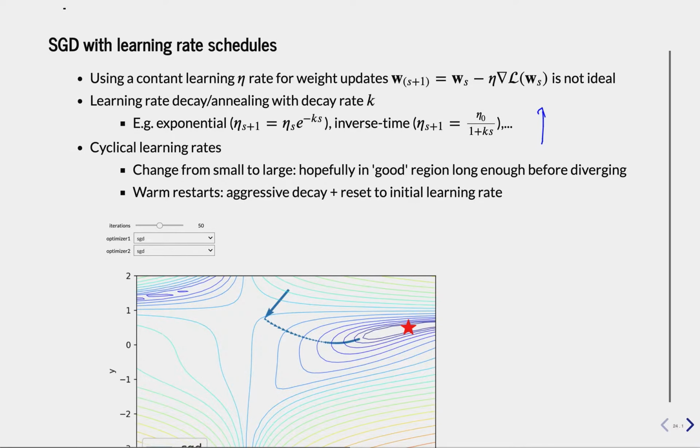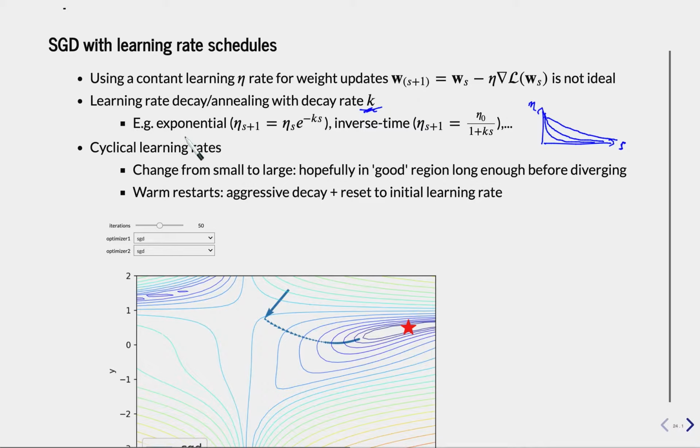So if this is your learning rate eta, and this is the iteration of stochastic gradient descent, then it would decrease exponentially. Now, how fast? That's controlled by the decay rate k. So you can choose to do it gradually or very fast, depending on this hyperparameter k. So you again need to choose that. There are some good default values for that, but it's not a thing you need to tune.